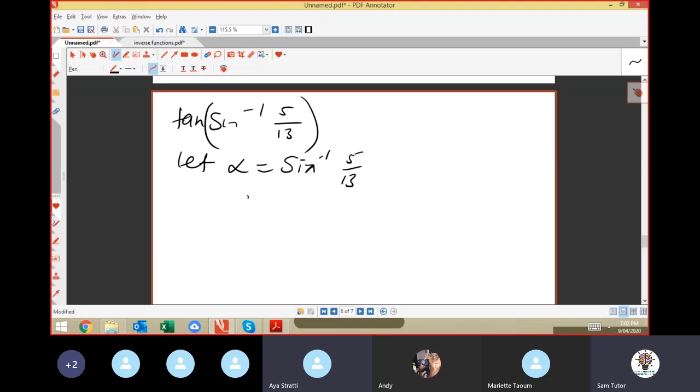Yep. And then sine alpha equals 5/13. Good. And then triangle, there's your alpha, opposite over hypotenuse. Yeah. And then you're going to work out this one, which becomes 12. And then what are you looking for? Tan alpha, which is opposite over adjacent.